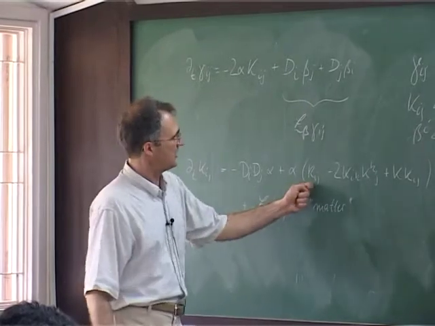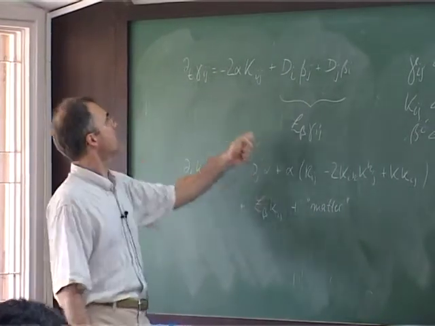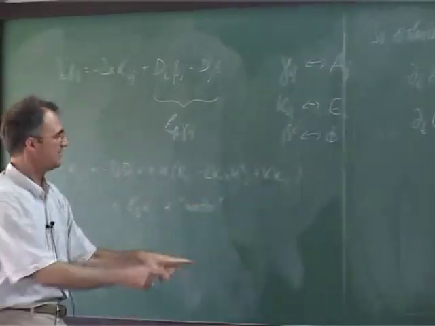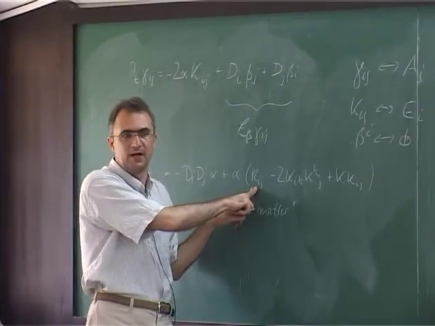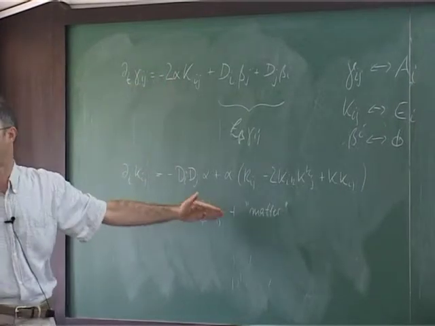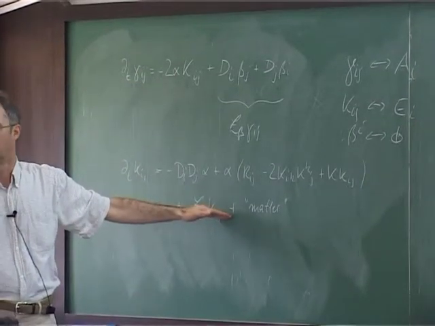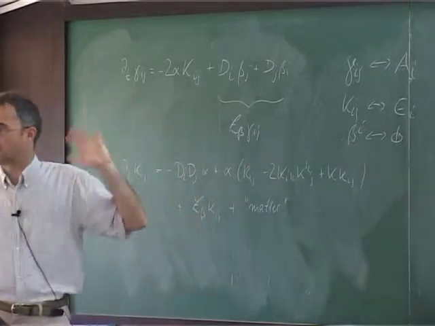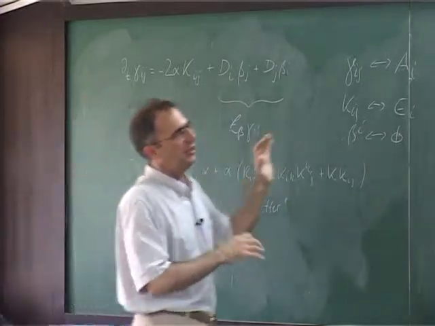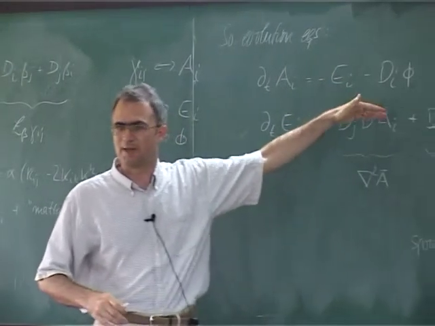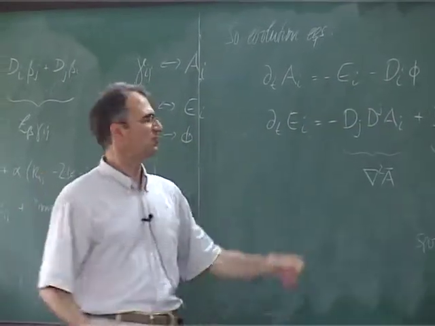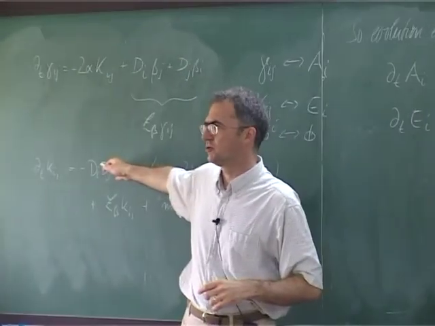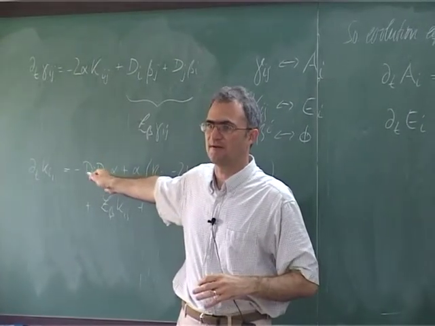Recall, the Ricci tensor contains second derivatives of the metric, which we identify with A. So the second derivatives of those terms are hidden in here, and you notice that you have exactly the same structure. Of course, there are nonlinear terms, but basically we have a very strong similarity, and this suggests that by looking at these equations, we can learn something about what we should do with Einstein's equations.